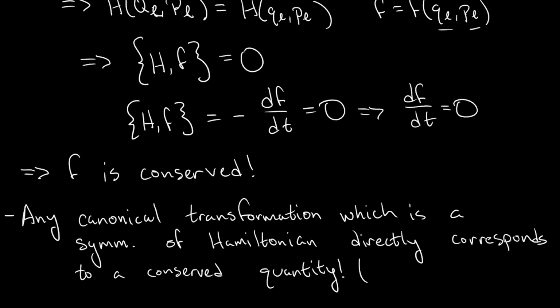In particular, it's the generator of the transformation. So whenever I make a canonical transformation, and that canonical transformation ends up being a symmetry of the Hamiltonian, the generator of that transformation is guaranteed to be conserved.